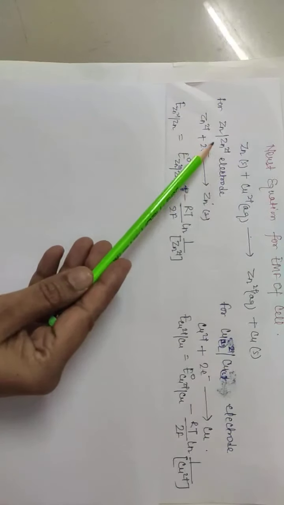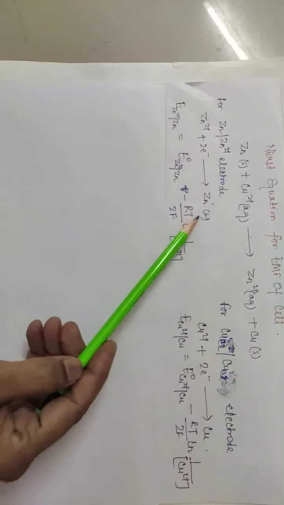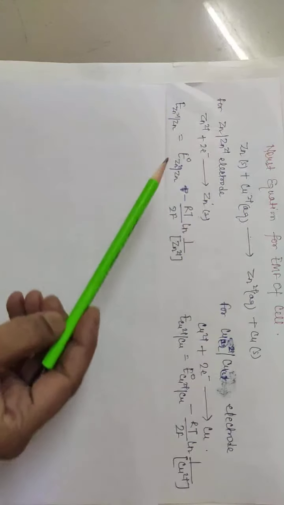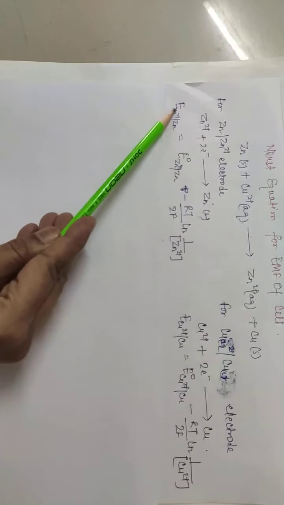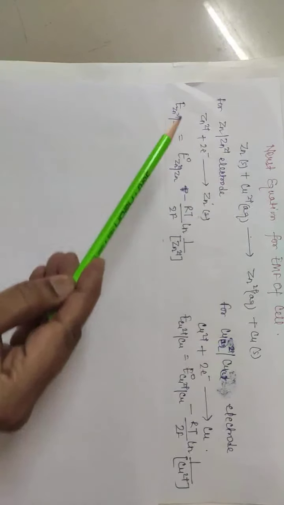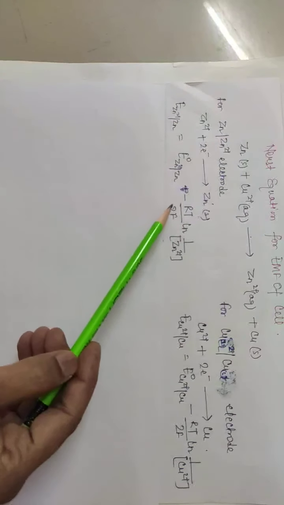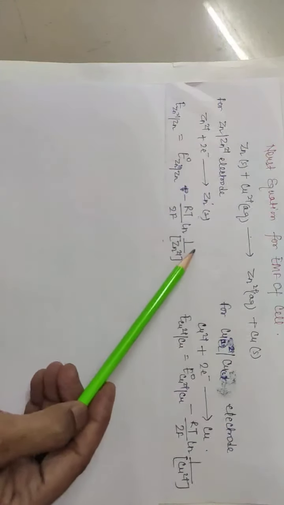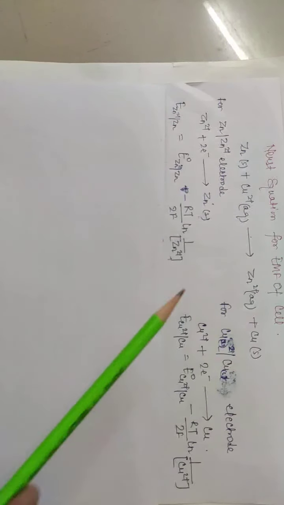For the zinc 2+ electrode, we write the reduction reaction, and applying the Nernst equation we have E for zinc equal to E naught minus RT upon 2F, since 2 electrons are involved, ln 1 upon the molar concentration of Zn2+ ion.